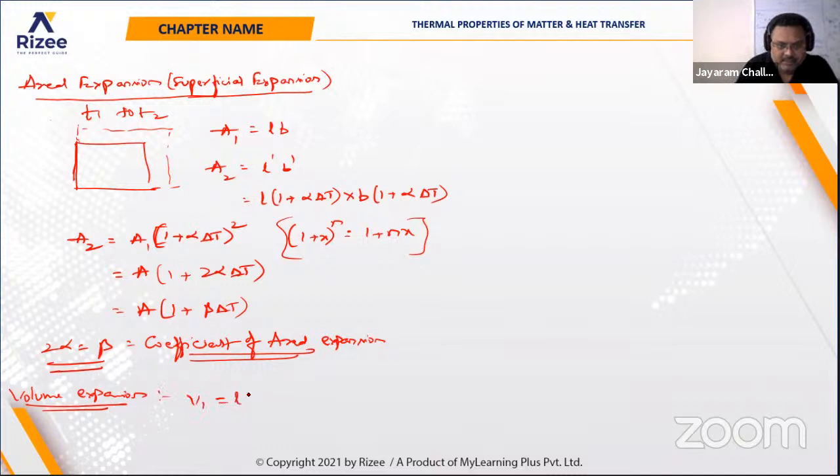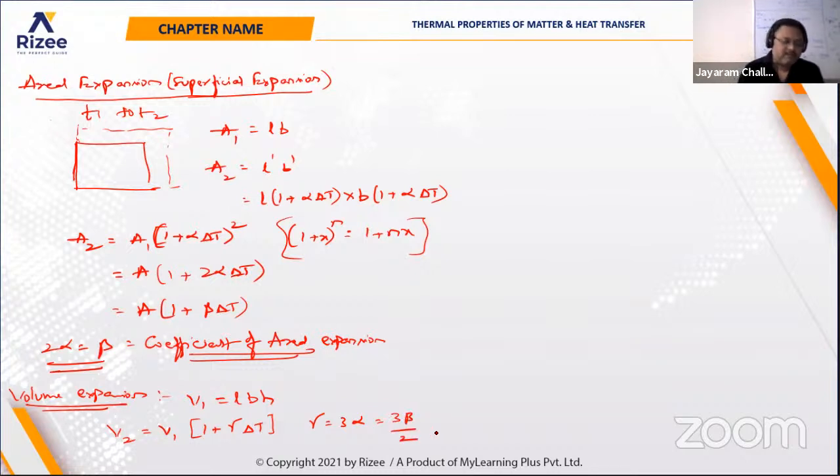If I write V1 as L into B into H, then solving in the same procedure, you get V2 equal to V1 of 1 plus gamma into delta T, where gamma is equal to 3 alpha. And if I write this in terms of beta, it will be 3 beta by 2.